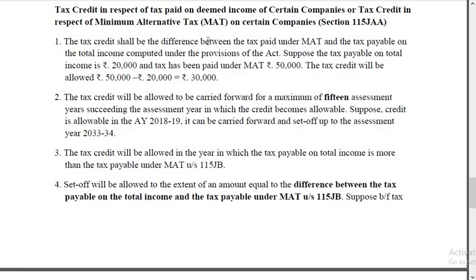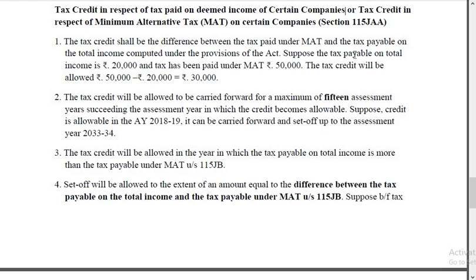The tax credit shall be the difference between the tax paid under MAT and the tax payable on the total income computed under the provisions of the Act. Simply saying, tax on book profit, that's nothing but minimum alternate tax, minus tax on total income. The difference is nothing but MAT credit.